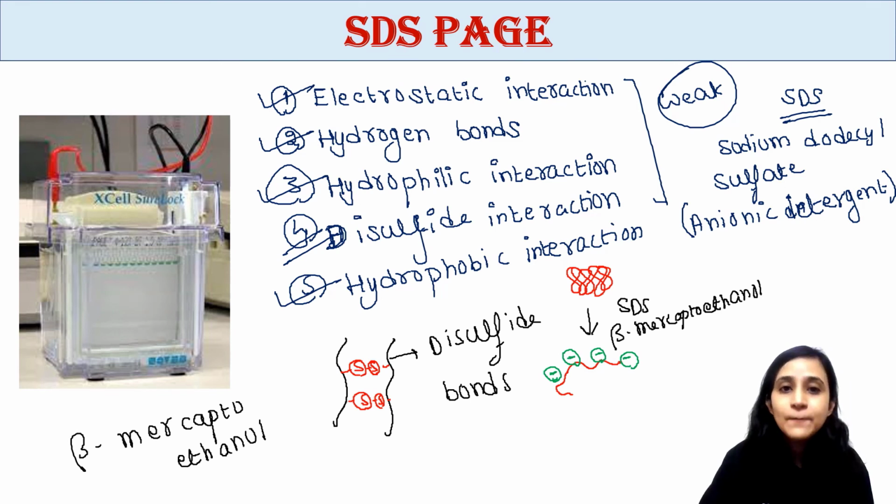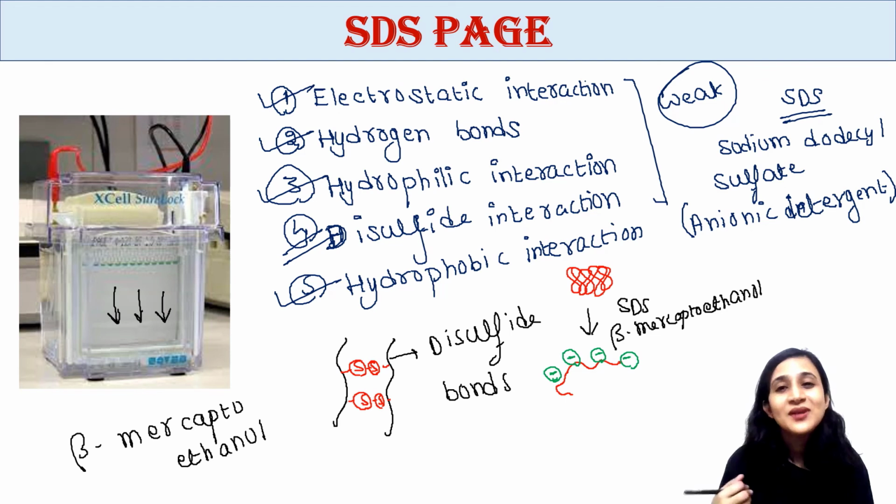Hence, all the proteins in the sample have the same shape and charge, and they differ only in respect to their molecular weights. Therefore, all the proteins migrate to the positively charged electrode, toward the anode, like that.